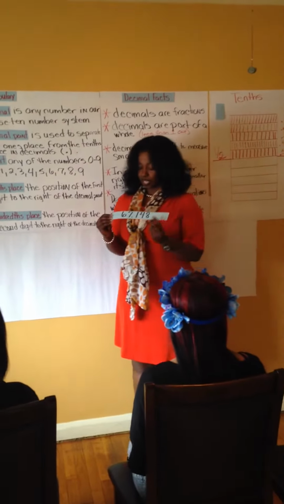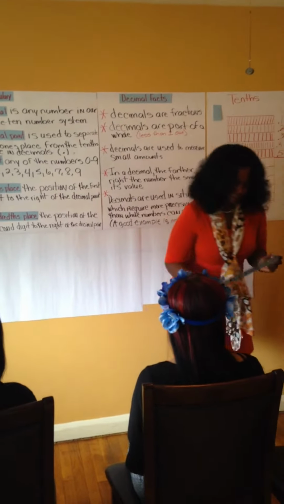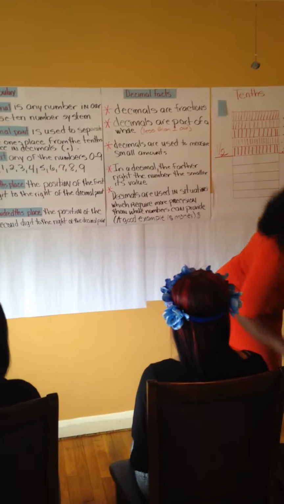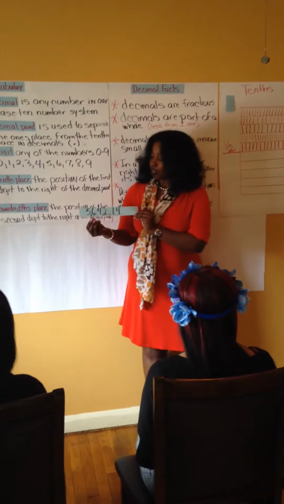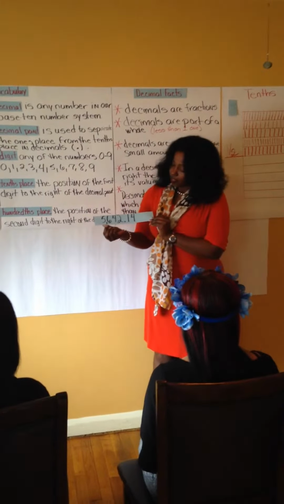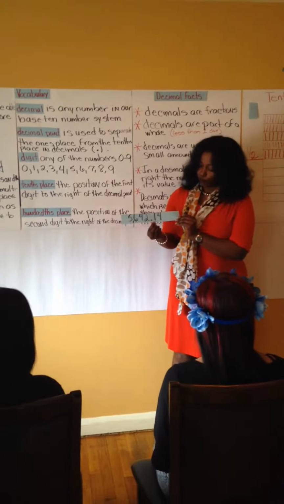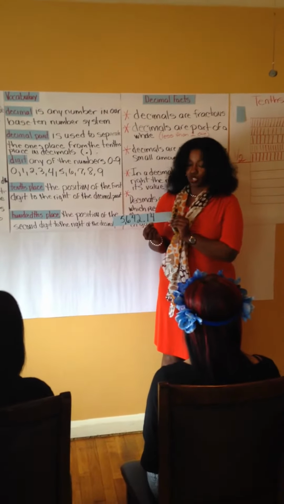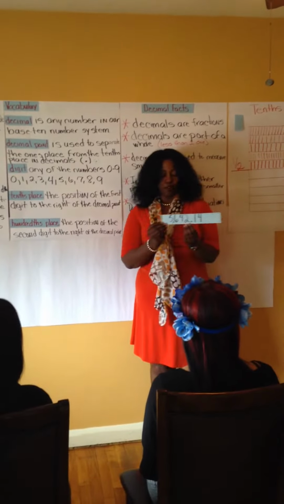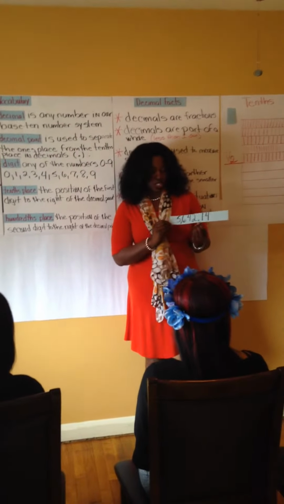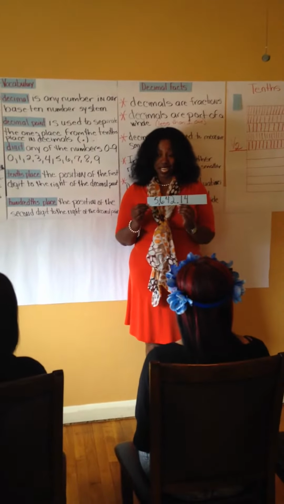That's how you read that number. Let's look at one more number. 5,642 and 1400ths. Remember, for the decimal, you can say decimal point or you can say and.